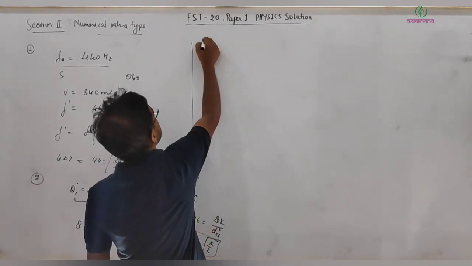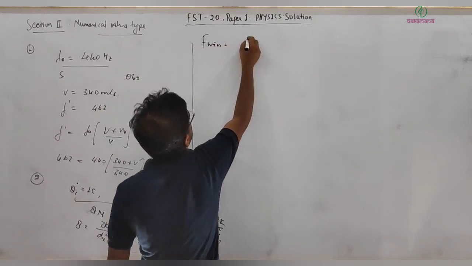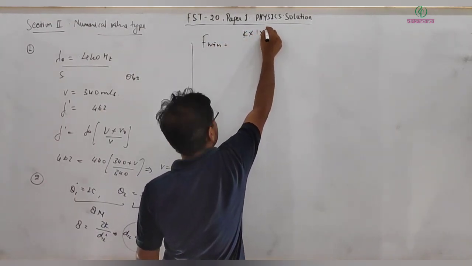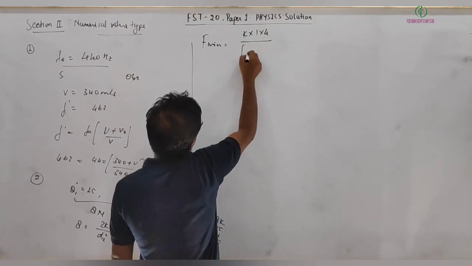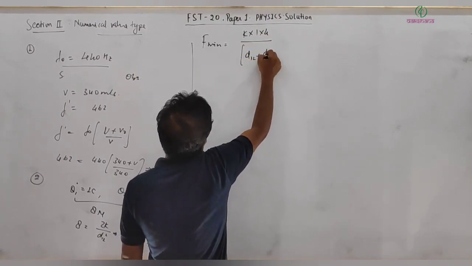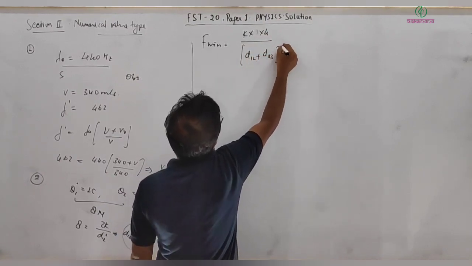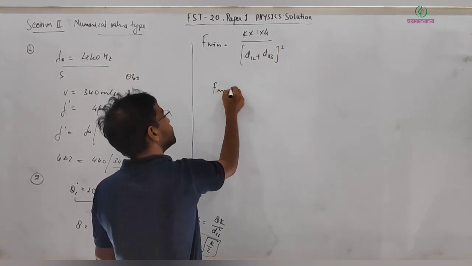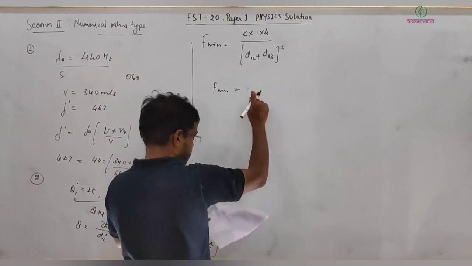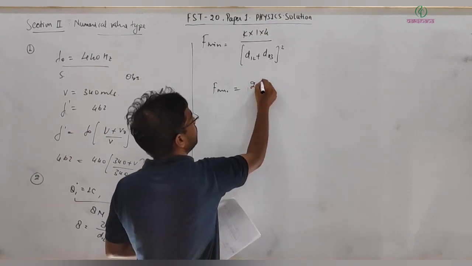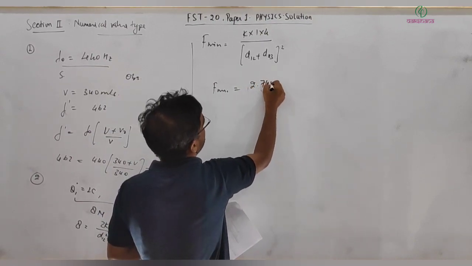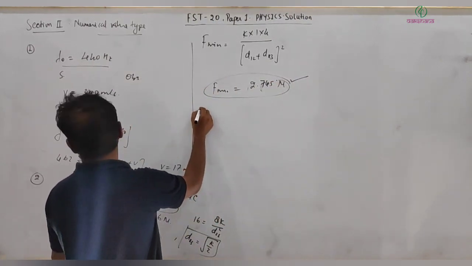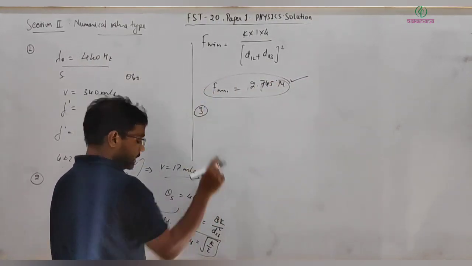So the minimum force F minimum will be equal to K into 4 divided by (D12 plus D23) whole square. Substituting all these values, we get F minimum as 2.745 Newton. Check the calculation here, the answer given is different actually. So question number 3.